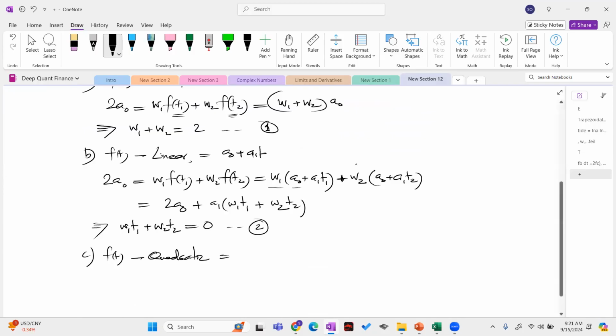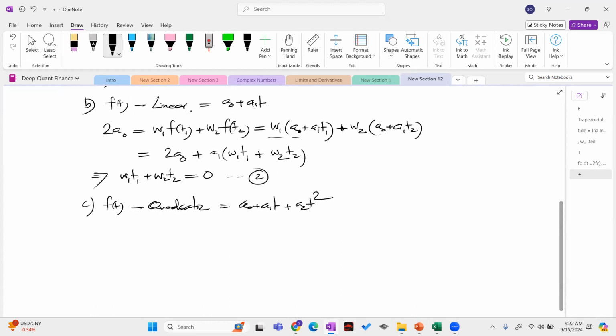If it is quadratic, then it must be a0 plus a1t plus a2 t square. Okay. Now, if you do the integration of f(t) dt from -1 to +1, well, remember the constant term will give 2a0, correct? This term will vanish because it's an odd function. What about the last term?